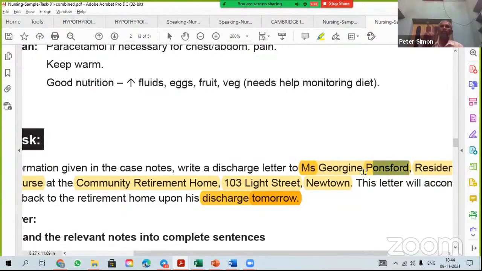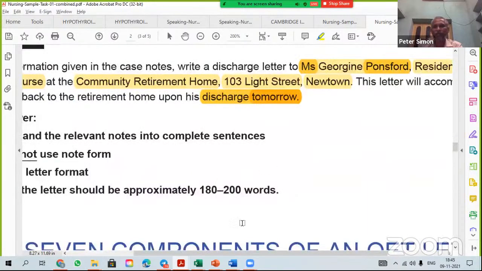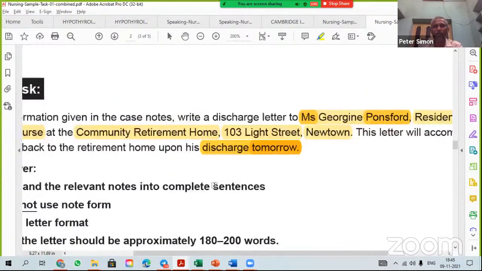Finished. These are the things you have to concentrate on. So you add Dear to the title Miss and the second name Ponsford. That's all. So you understood where you got these things. Next, you will go to the regarding line. Where will you go for the regarding line? Go to the beginning.